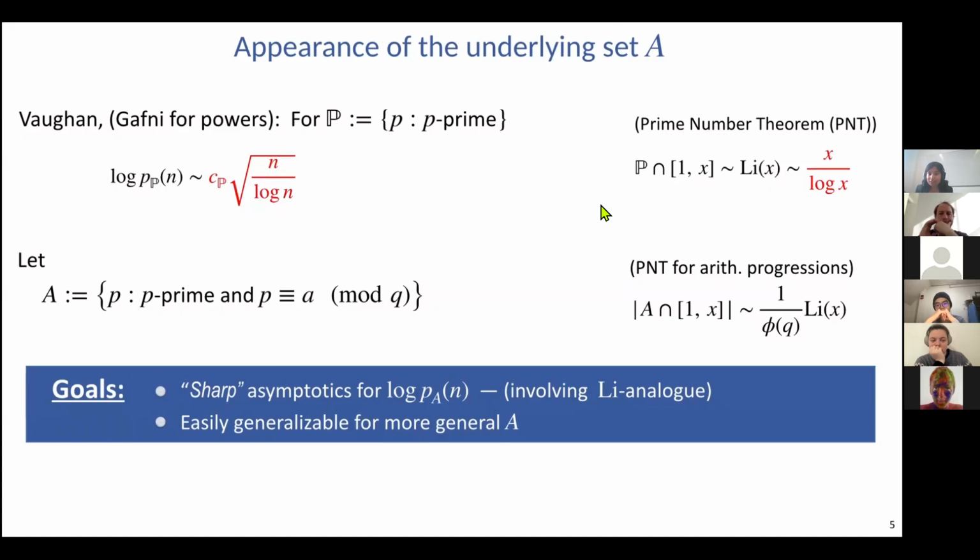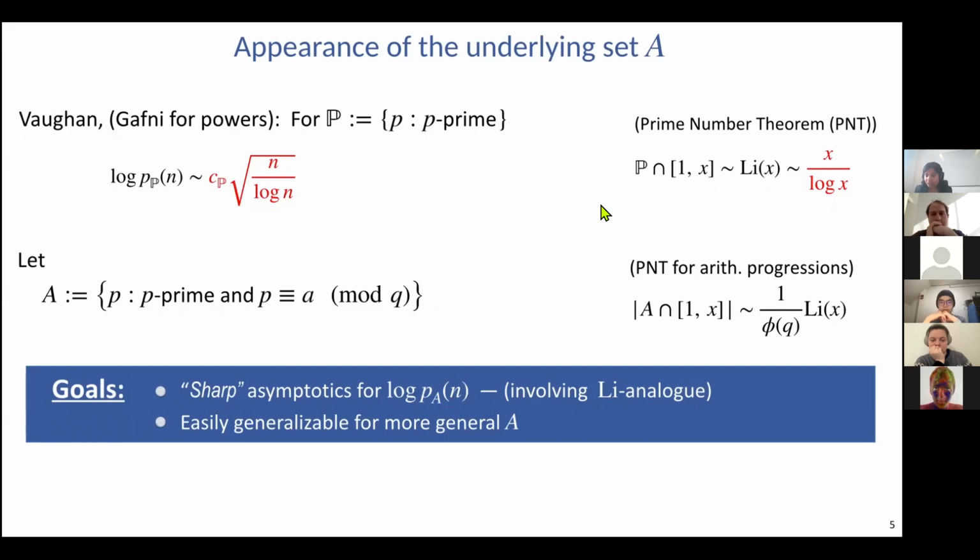Well, now we want to know how many primes are there up to x. Is that related to this quantity here under the square root? And the prime number theorem quickly tells us that indeed that's the case, because the number of primes up to x is asymptotic to x over log x. So you see this n over log n appearance.